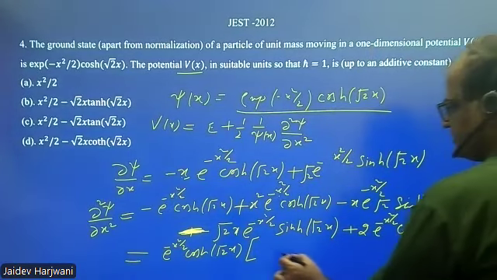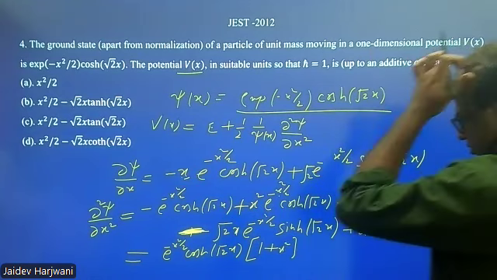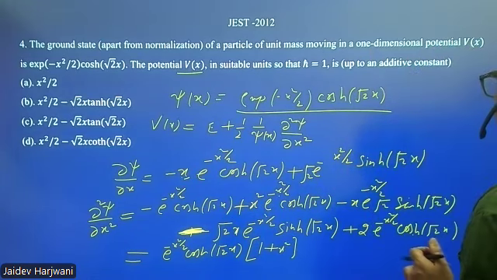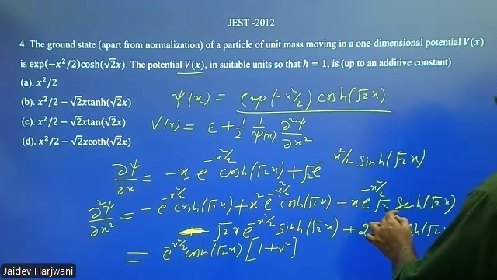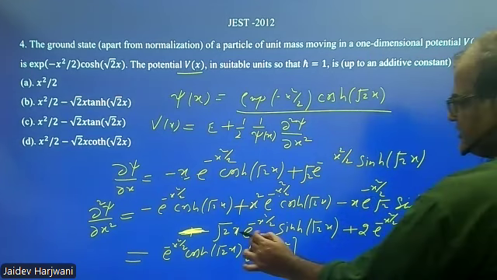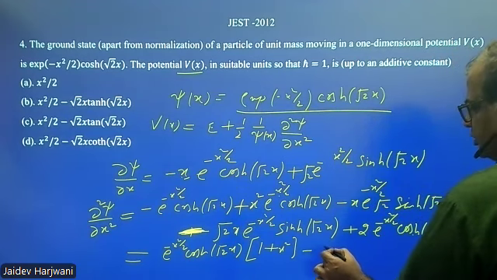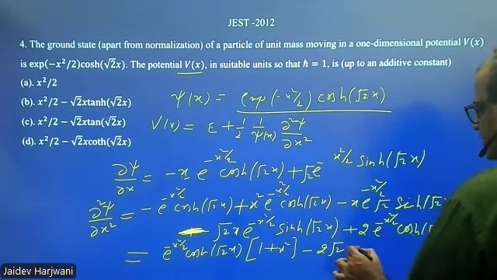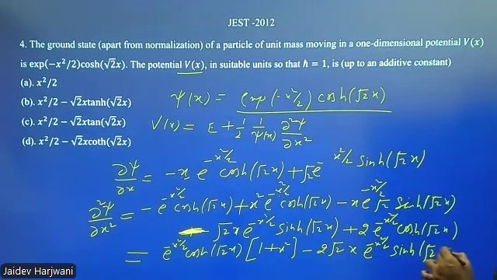You have 1 here, and here you will have x square. So you have these two terms. Now the remaining two terms you can check here. Here you have 2 root 2 x e power minus x square sine hyperbolic. The same term is here. So this becomes minus 2 root 2 x e power minus x square by 2 sine hyperbolic root 2x.